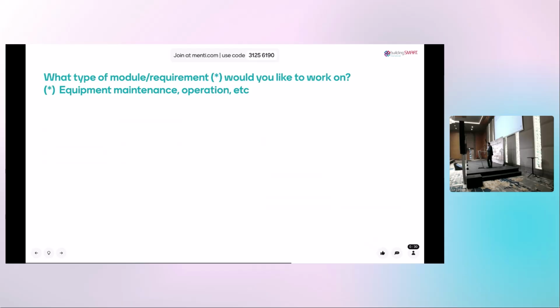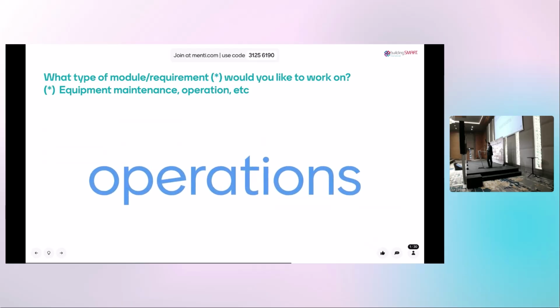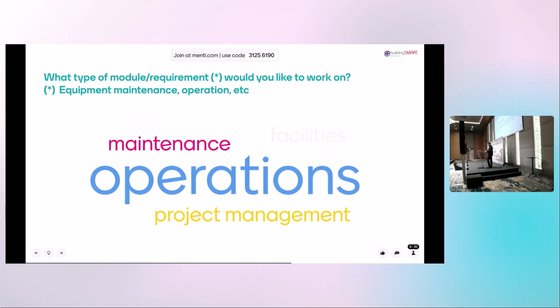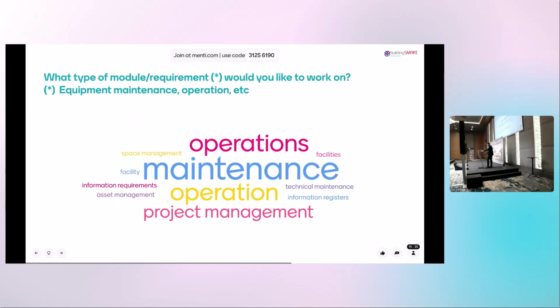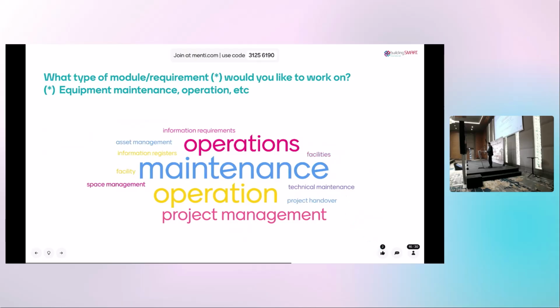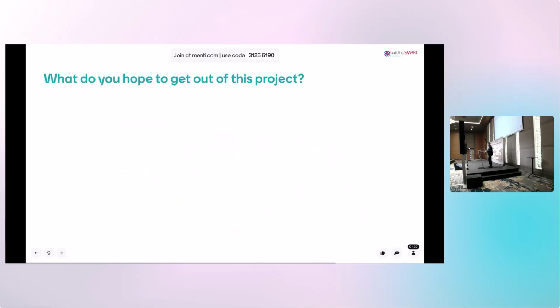And what type of module requirements would you like to work on? We get some basic ideas of equipment maintenance, space management, operations. But if you have any idea or aspect of what we want to work on in all those IDS modules. And I hope this maybe the last two.